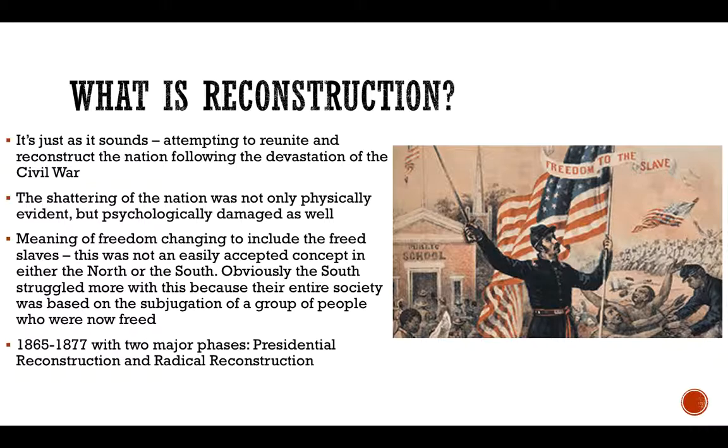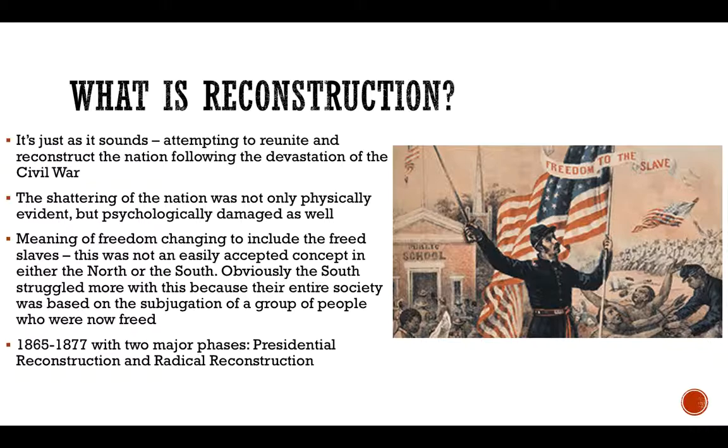So this was not an easily accepted concept in either the North or the South, especially in the South. But the idea of equality was still out of reach for most people. Obviously, the South struggled with this more because their entire society had been based on the subjugation of a group of people who were now freed, and they had to figure out what to do with that.